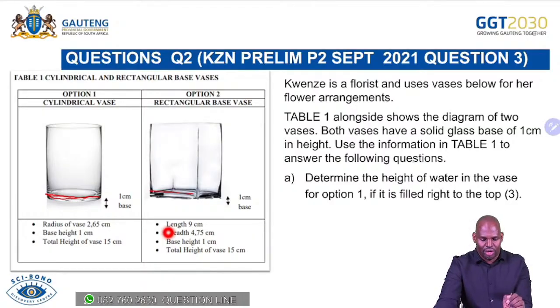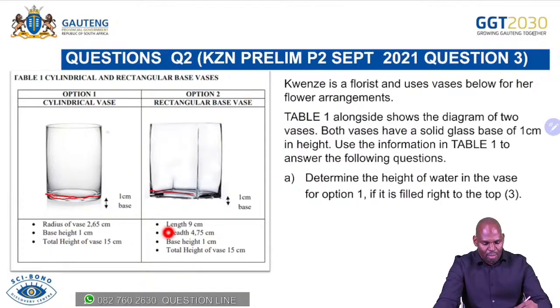Then question 2A: determine the height of water in the vase for option 1 if it is filled right to the top. Okay, if you look at option 1, so now think about the amount of water inside.